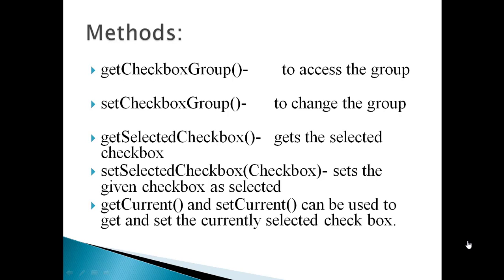Second method, setCheckboxGroup, changes the group of that radio button. getSelectedCheckbox gets the selected checkbox. setSelectedCheckbox(Checkbox object) sets the given checkbox as selected. Next are the getCurrent and setCurrent methods, which can be used to get and set the currently selected checkbox.